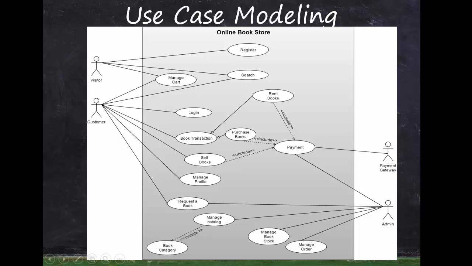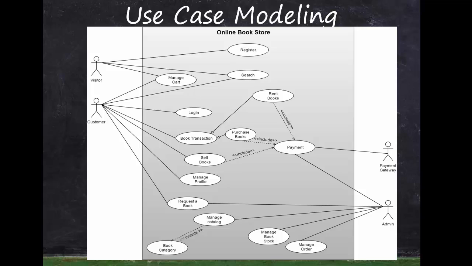Now starting with the customer, they can log into their account using their username and password. Second, and the main or core of our system, is that the customer can get involved in a book transaction, meaning that they can either rent the books or purchase the books.